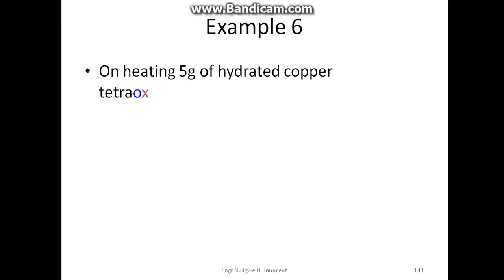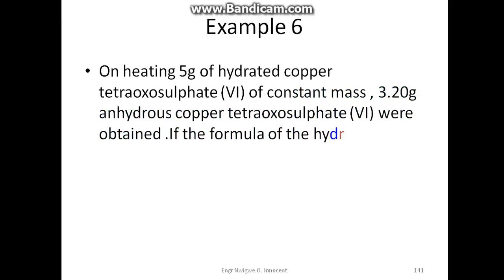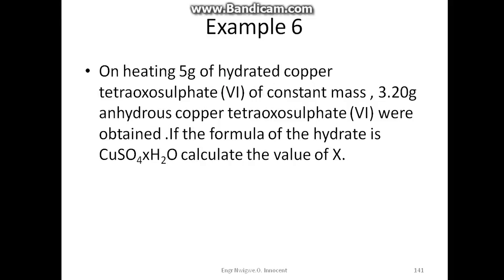Example 6. On heating 5 grams of hydrated copper tetraoxosulfate(VI), a constant mass of 3.20 grams of anhydrous copper tetraoxosulfate(VI) was obtained. If the formula of the hydrate is CuSO4.xH2O, calculate the value of x.